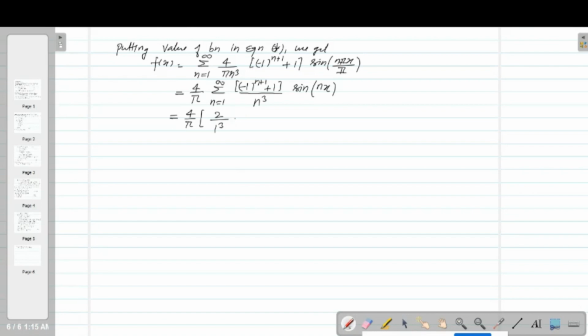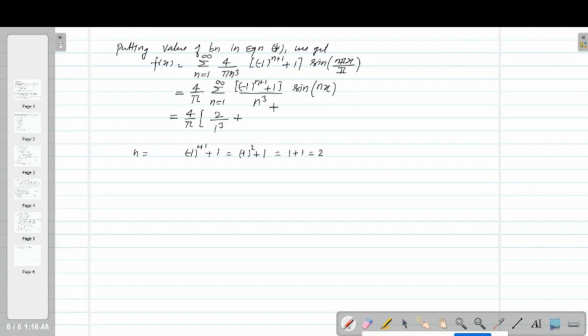So only which term survives? For n equal to 1 we will check: minus 1 raised to n plus 1, so minus 1 squared and plus 1. So this is 1 plus 1 equal to 2.